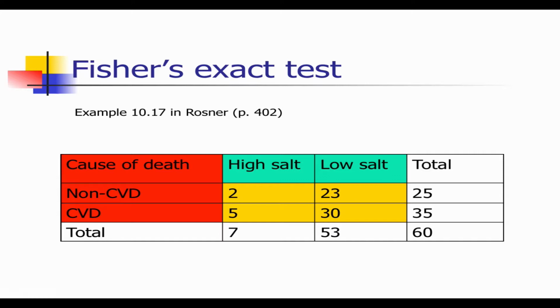Only if you have 7 here, a very small number, then it is efficient to enumerate all possible situations. If you have 17 here, let's say this is 12 and this is 5, then you probably need to enumerate a lot of scenarios, which is really tedious. So this name really gives you the rationale of Fisher exact test.